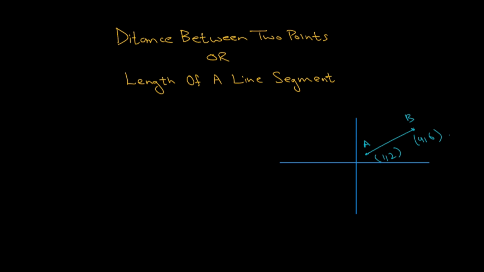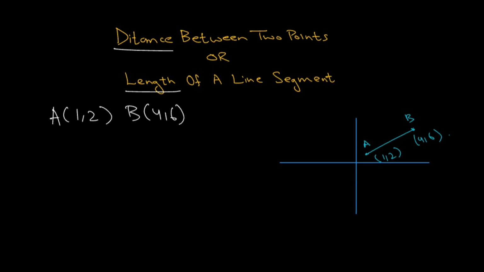Now, for example, you have 2 points A and B, where A is 1, 2 and point B is 4, 6. And you are asked to find out the distance between 2 points or the length of a line segment AB.